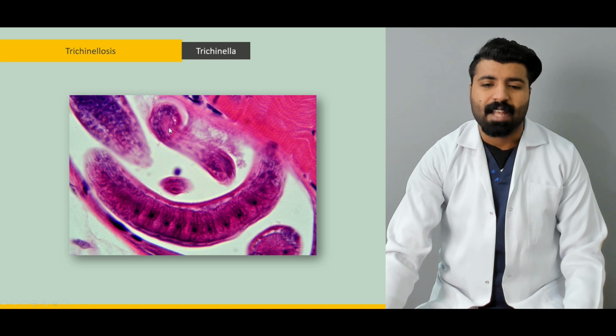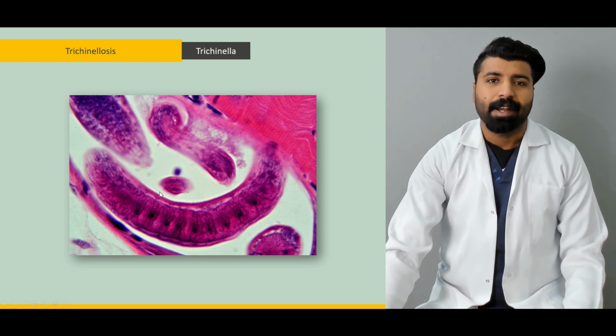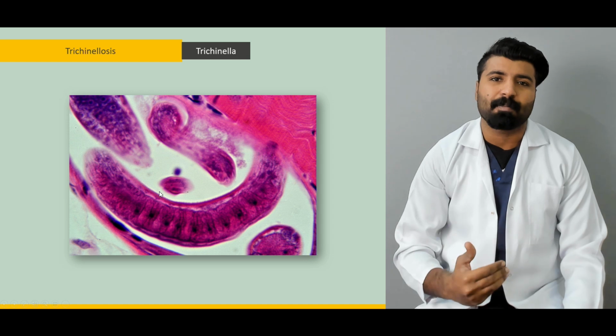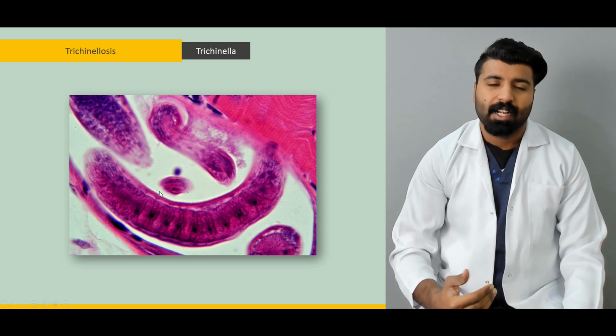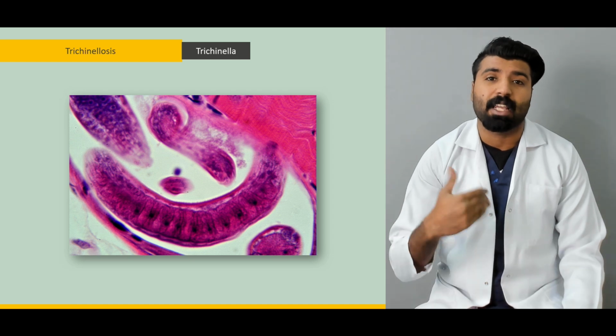Now, in this slide, as you can see, some of them are very small, some of them are very large, some of them are more circular in nature than others. It depends upon their size, their age, and at what stage of maturation or development they are.